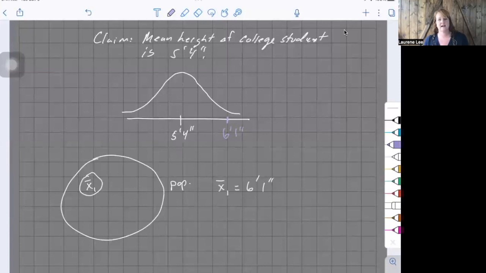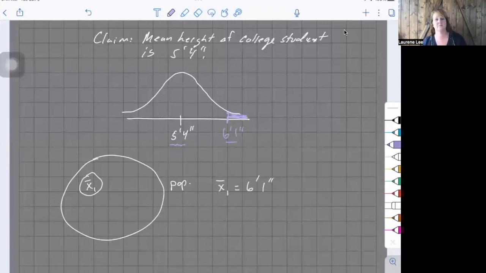So if that happened, I would say, hey, in your scenario, if we assume that your claim is true, then it should be very unlikely that I get a sample of 6 feet 1 inch. I mean, that's what these normal curves do. Remember in chapter 5, we were taking a value like 6'1", assuming that this is the mean, and calculating these percentages, right?